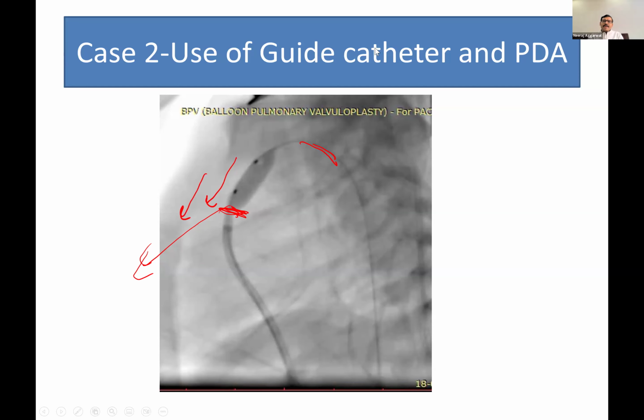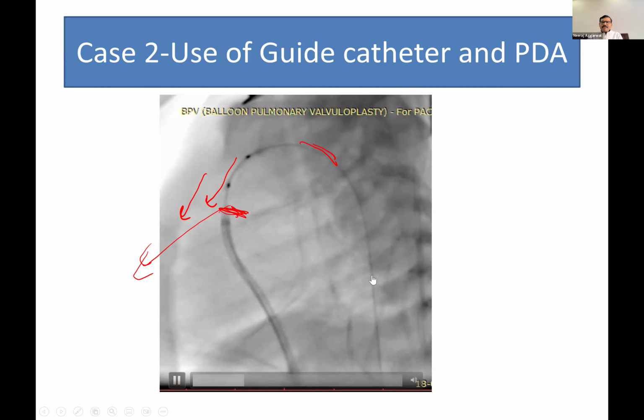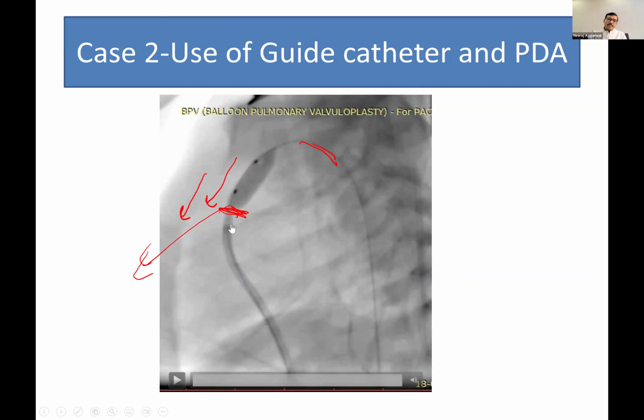Using the guide catheter is a very good practice if the balloon is not stable, because coronary balloons are mostly 1.5 centimeter and you need to stabilize the balloon. So keep the wire in the PDA, one tip here, and second, you can use the guide catheter to initially dilate the pulmonary valve. But remember, a 5 French guiding catheter will take all the coronary balloons, actually. The length is an issue. So you keep the catheter so the balloon doesn't slip back again.